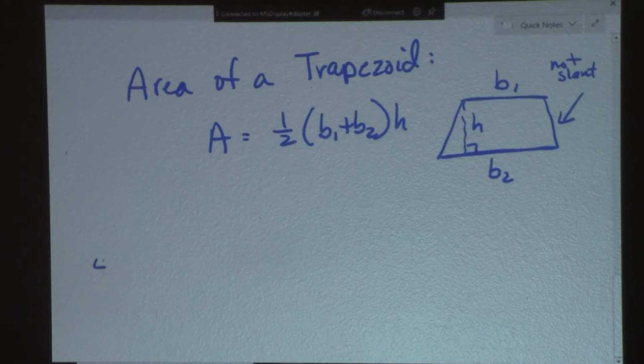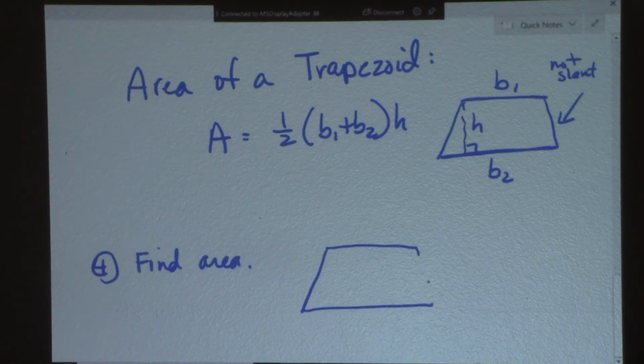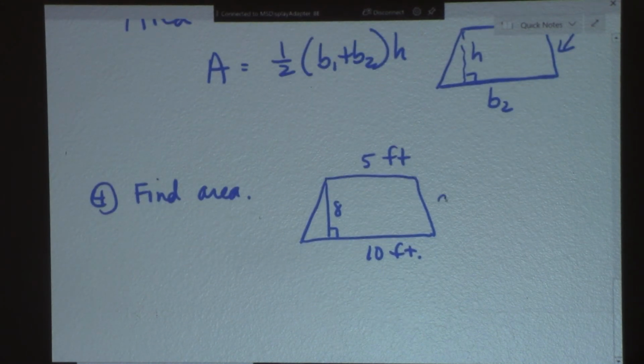This is number 4. Find the area. And we have a picture like this. Eight, 5 feet, and 10 feet. So I'm just going to put my numbers in.